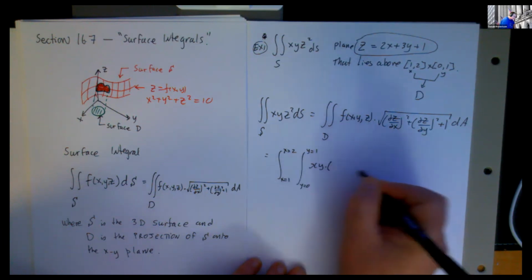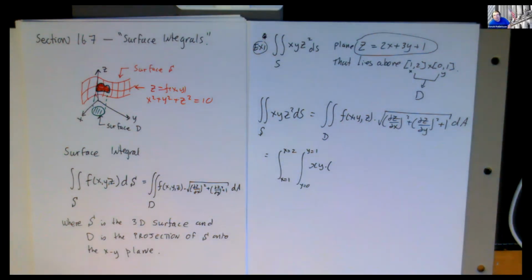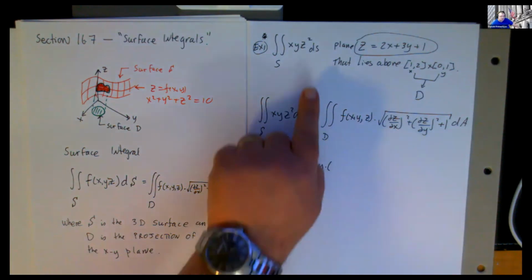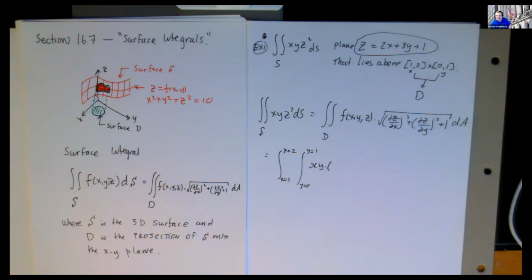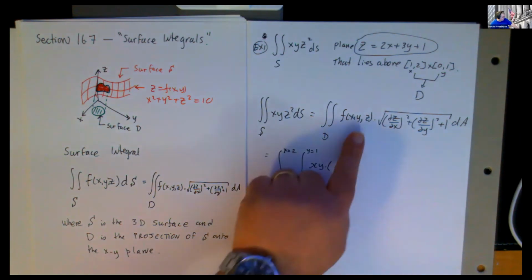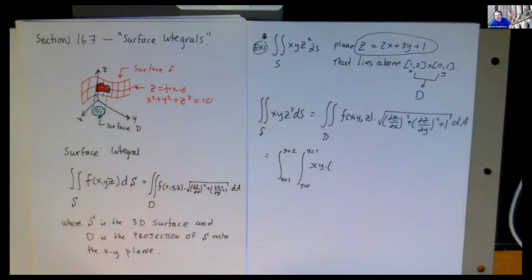Our first little hiccup. We have a z squared here. But for this integral to work, you can only have x's and y's, right? The z's have to be eliminated from the expression. Now, that doesn't mean you make them 0. It means you replace them by what it is worth.